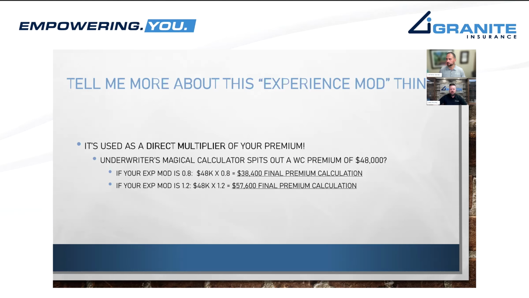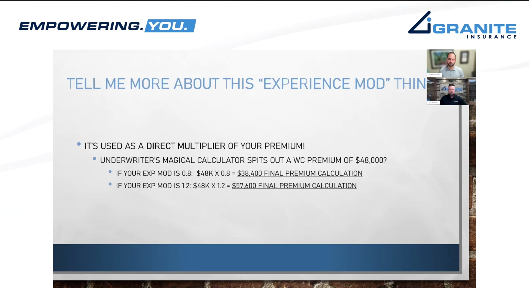For every dollar of payroll in a particular code, you have a statistical expected number of losses. Okay, so a roofing code is going to have more expected losses than the clerical code. And then your experience mod is the difference. It is your actual losses compared with the statistical expected losses.